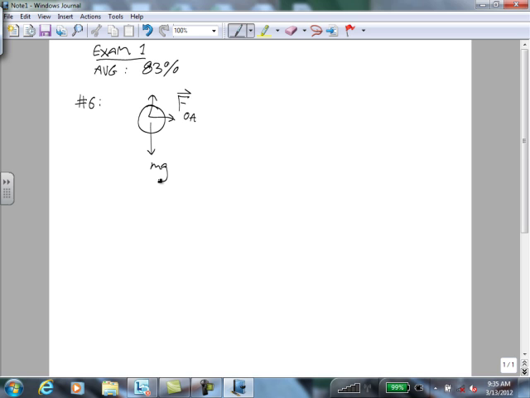The idea was you use the chain rule to calculate the acceleration. Let me just go through this one, because on this one there were a couple things that people didn't do right.